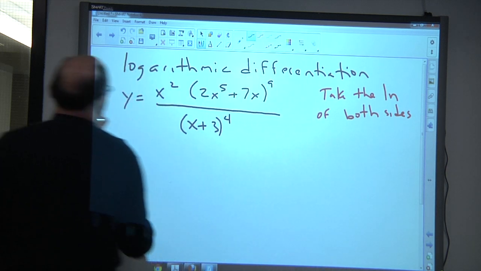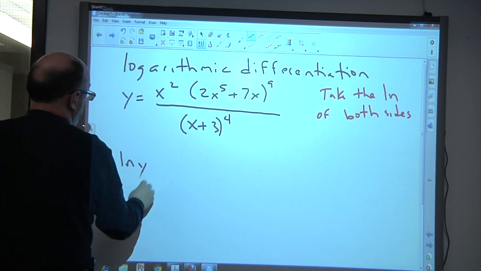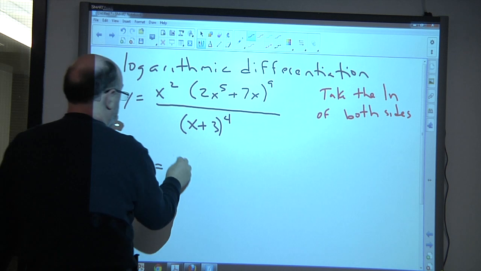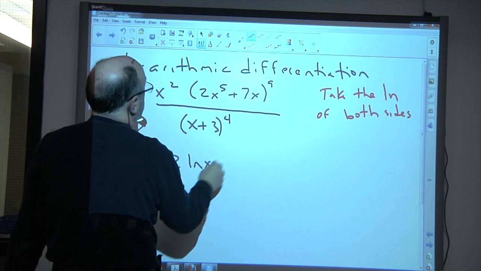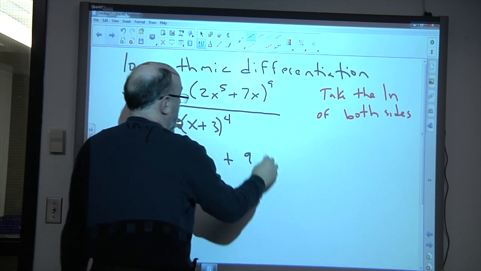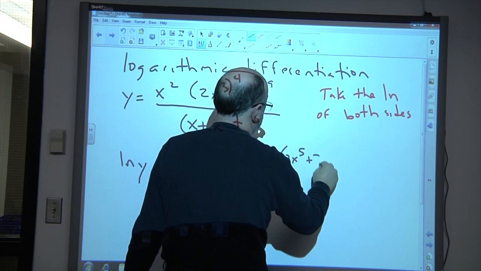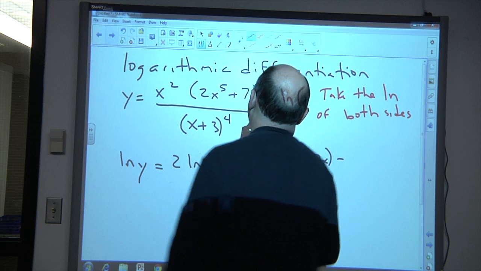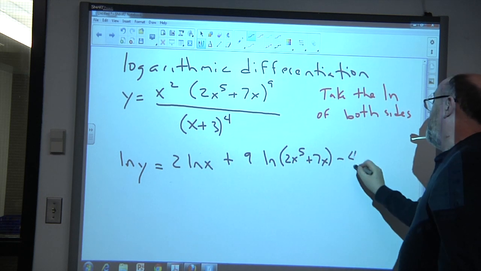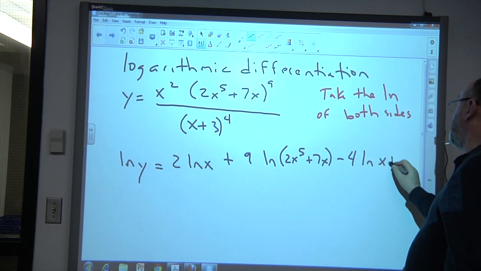So we get the natural log of y is going to equal 2 ln x plus 9 ln 2x to the 5th plus 7x minus 4 natural log x plus 3.